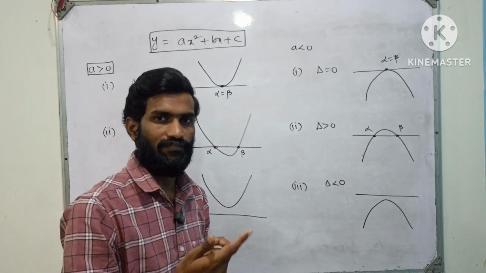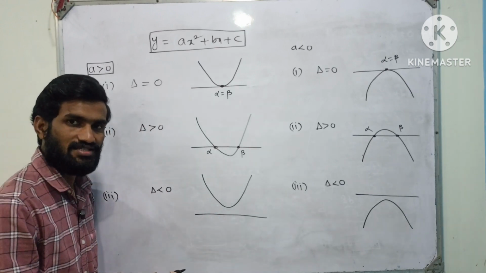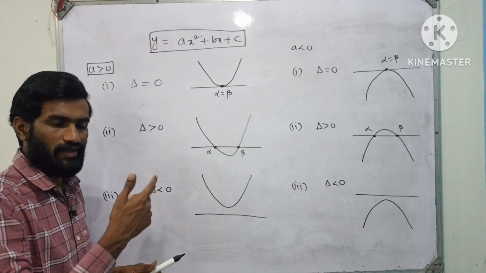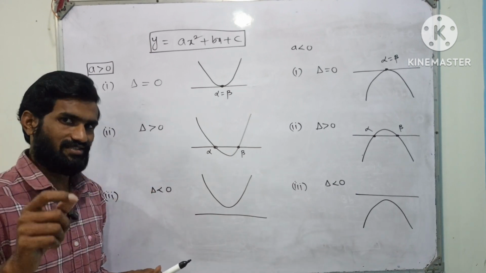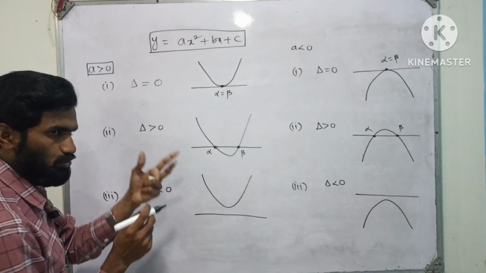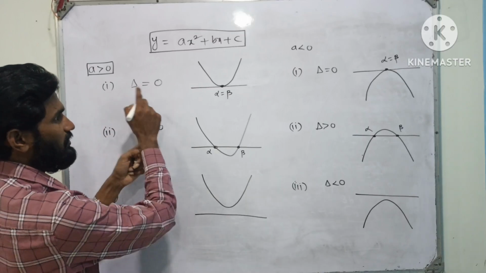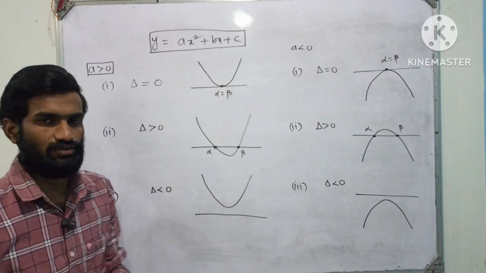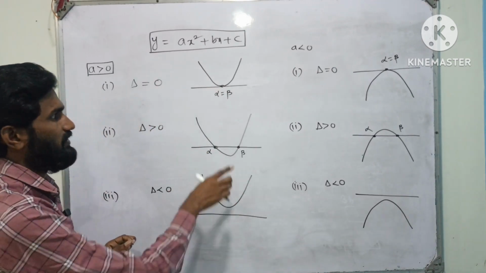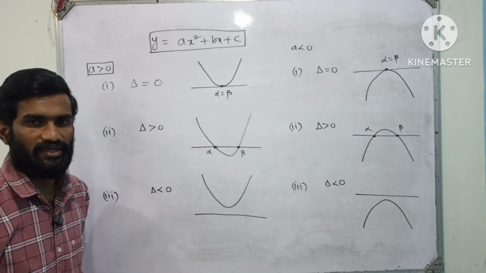We already learned in 10th class that the roots, or zeros, are the points where it intersects the x-axis; that many roots will exist. Similarly here, there are only 2 roots, but the roots are equal, therefore it has to touch the x-axis at only one point. That point itself is alpha equals beta.